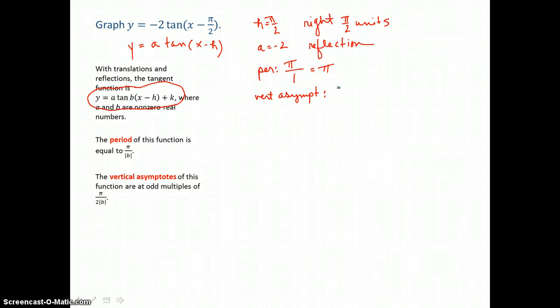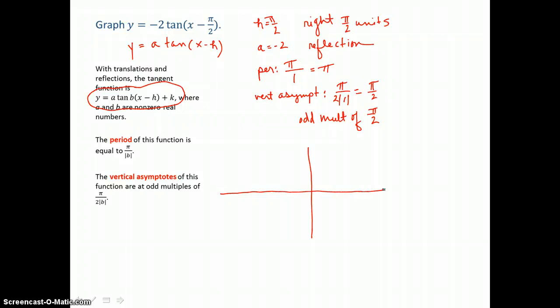And the vertical asymptotes are going to be found at pi over 2 times the absolute value of b, which was 1. So pi over 2. Odd multiples of pi over 2. Okay, so now we can go to the coordinate plane to graph this tangent function, knowing the information that we've gathered.